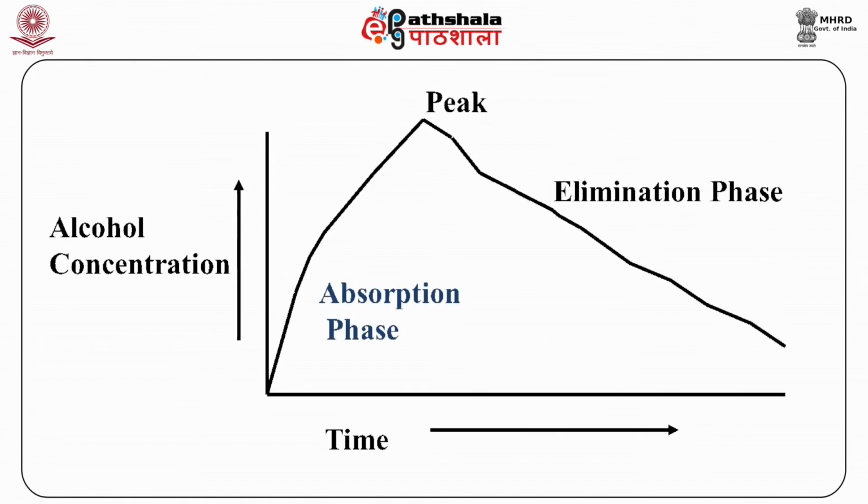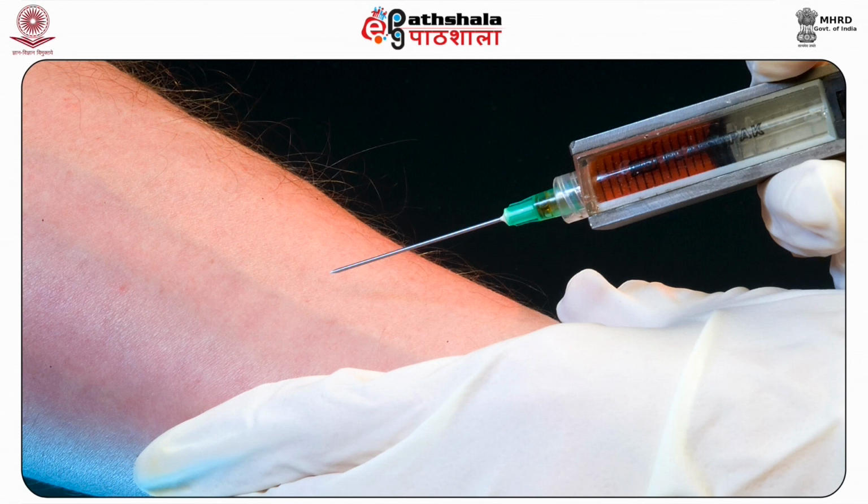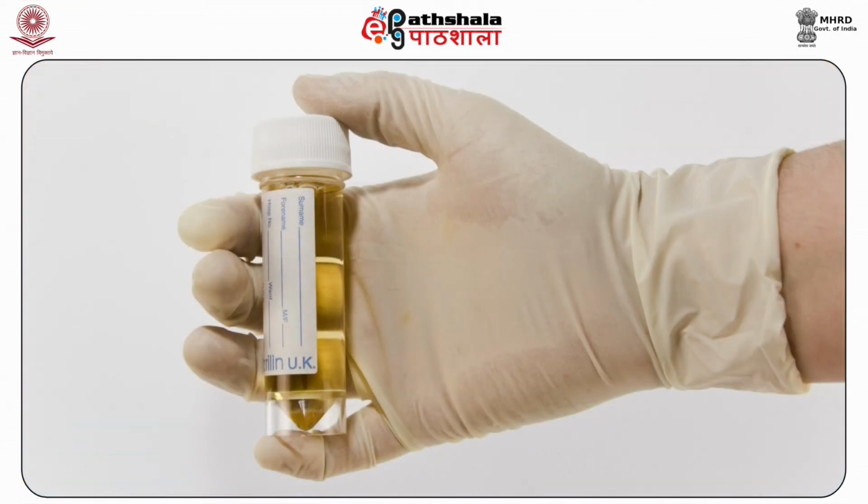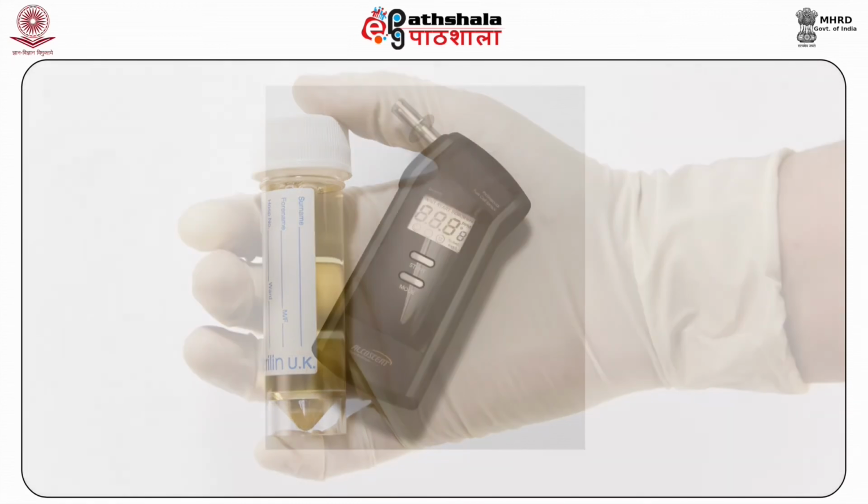Alcohol intoxication can be legally defined by the BAC, but the idea of drawing blood from the vein of a driver to determine whether he is drunk or not doesn't seem practical. Urine tests too proved to be equally impractical as blood sampling.